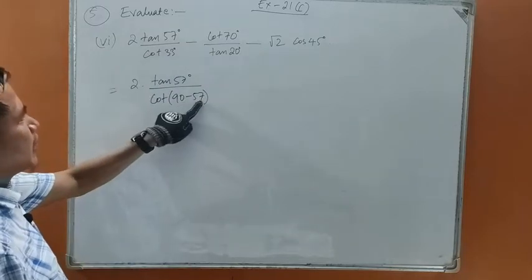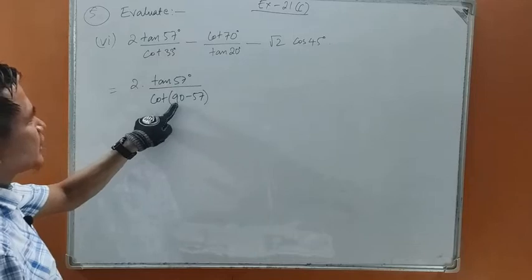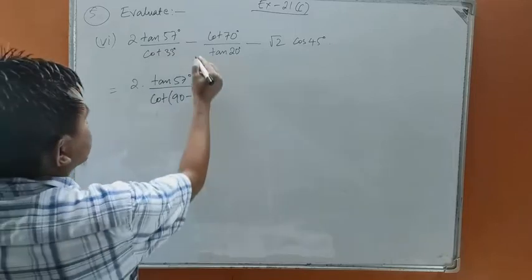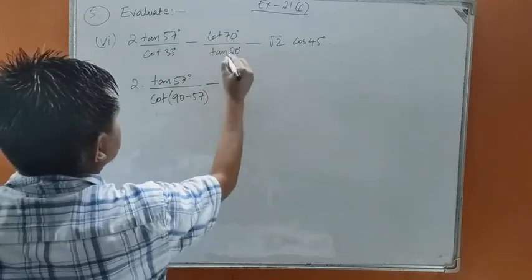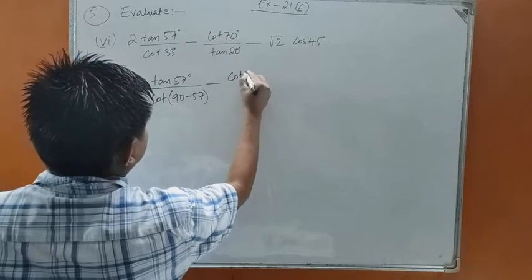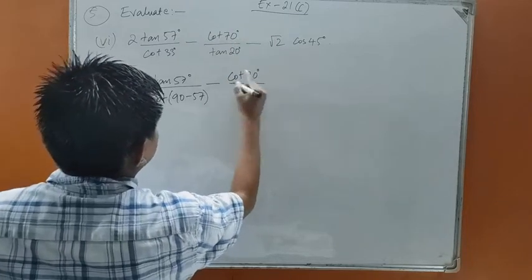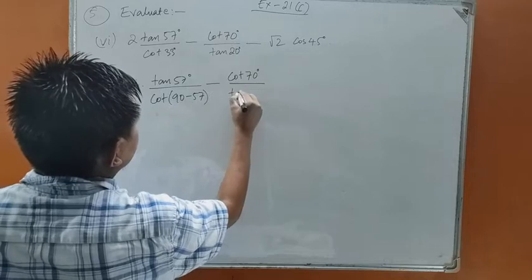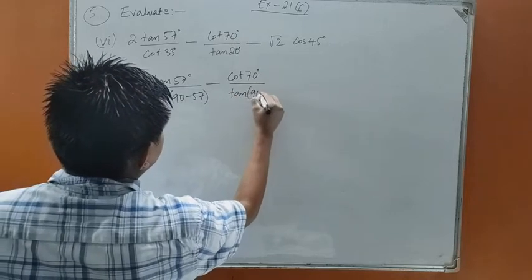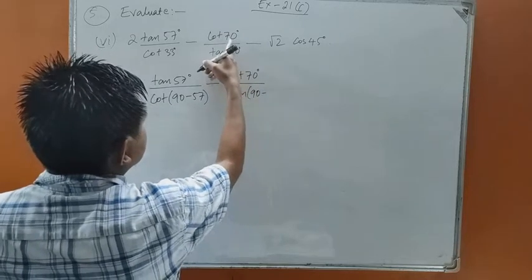Okay, 10 minus 7 is 3. This becomes 8. 8 minus 5 is 3. Minus cot 70, I write as it is, cot 70 degree upon tan 20 means tan 90 minus 70.